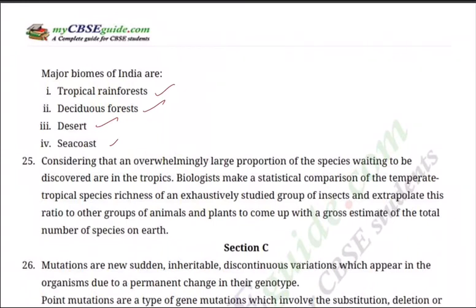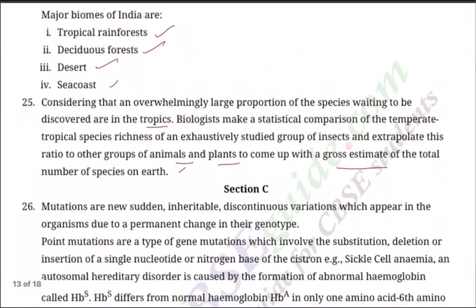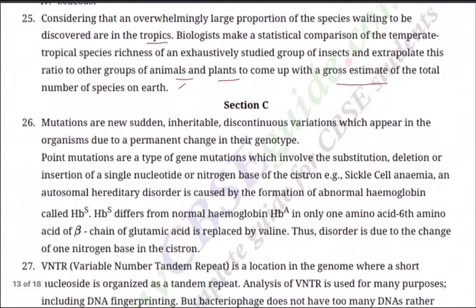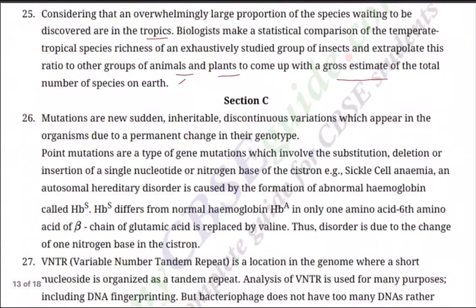Considering that an overwhelmingly large proportion of the species waiting to be discovered are in the tropics, biologists make a statistical comparison of the temperate-tropical species richness of an exhaustively studied group of insects and extrapolate this ratio to other groups of animals and plants to come up with a gross estimate of the total number of species on the earth. That means we are taking a sample survey. Based on that sample survey, we are calculating the actual numbers.